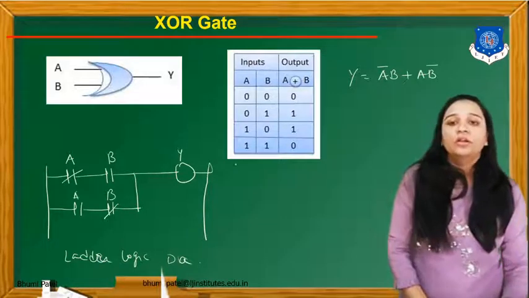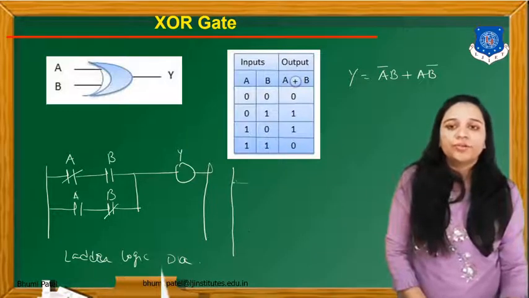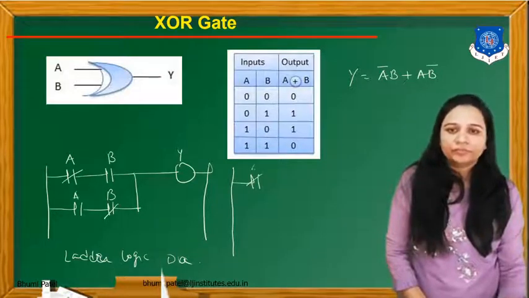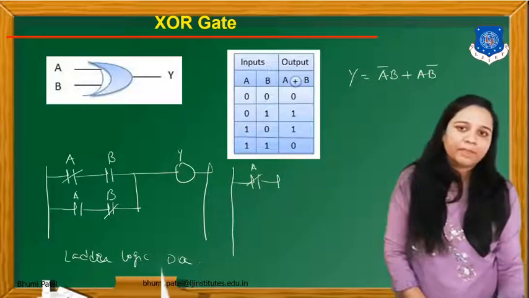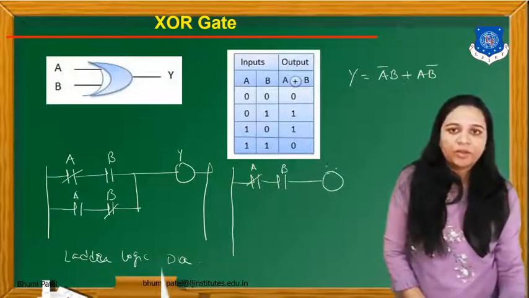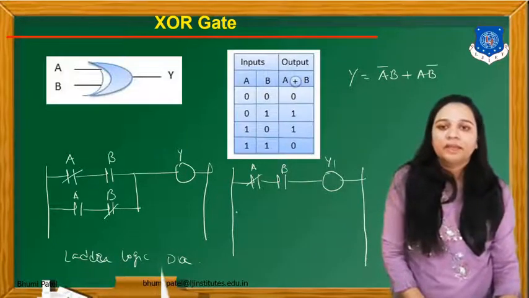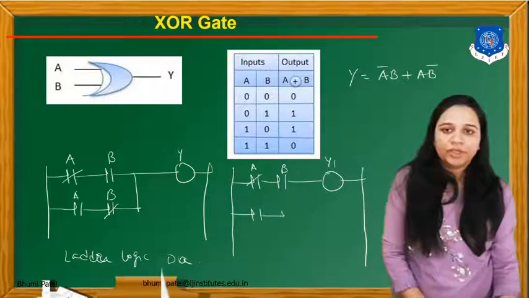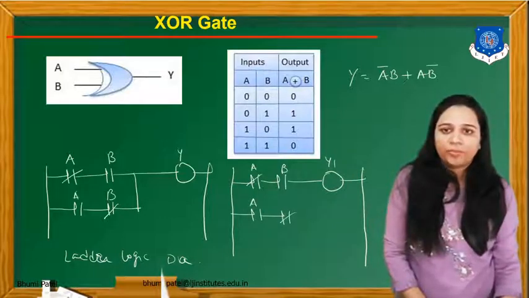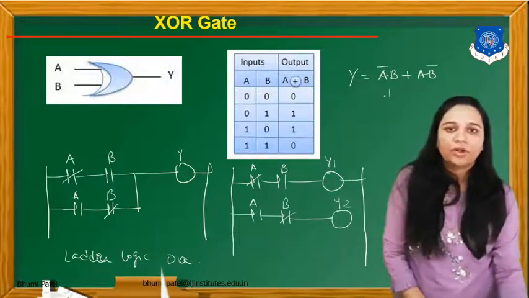We can also draw the ladder logic diagram in this manner. The first input is A bar into B, so this is my first output, say Y1. Then next for A into B bar, we can put A into B bar, and this is my second output, Y2.